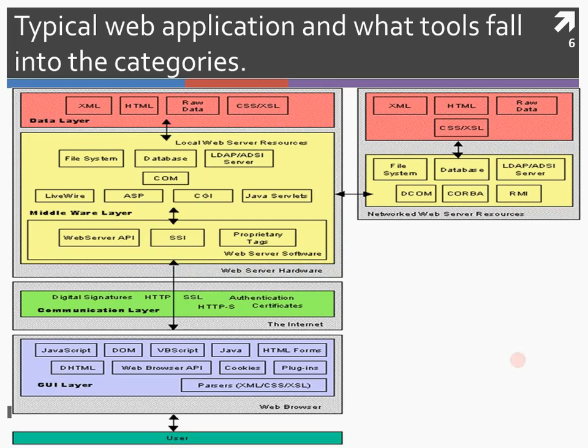Finally, it goes to the middleware layer where Java servlets, ASP (active server pages), CGI (common gateway interface), or any kind of LDAP and file system services will be used along with network web server resources, and finally the data layer performing different kinds of data operations involving data values, data types and many other features.